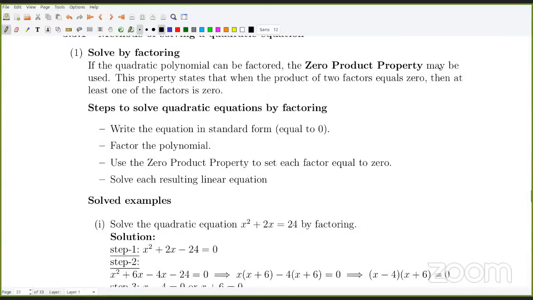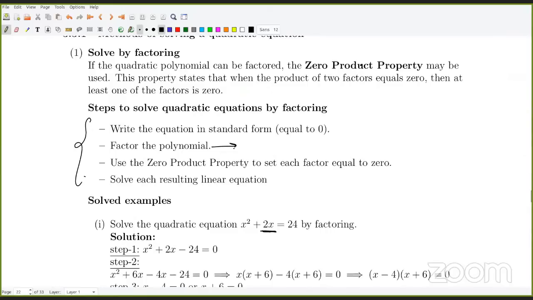These are the steps to solve a quadratic equation using the factoring method. We write the equation in standard form and then we factor the polynomial by splitting this 2x into 2 terms, and use the zero product property.